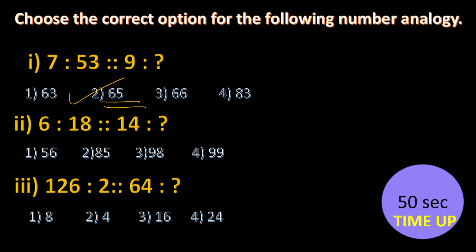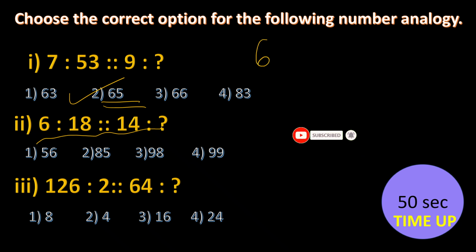If you haven't watched my previous class of number analogy, then please do watch. There I have briefly detailed about the priority list, how to use the priority list and all. So same logic you need to apply here.